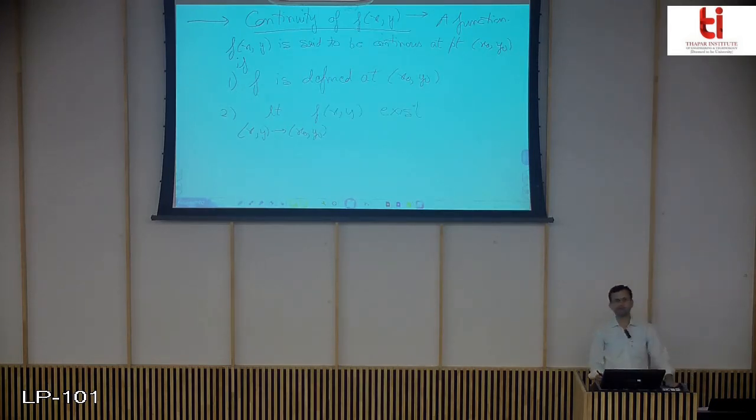First, the function should be defined. Secondly, the limit at that point of the function should exist. And thirdly, the limit, if it exists, whatever value we got, should be equal to the value of the function at that particular point. So these are the 3 points we use to check whether a given function is continuous at a given point or not.